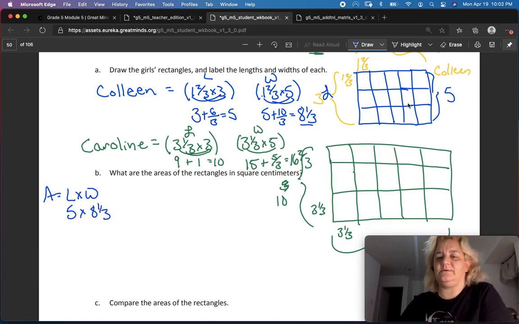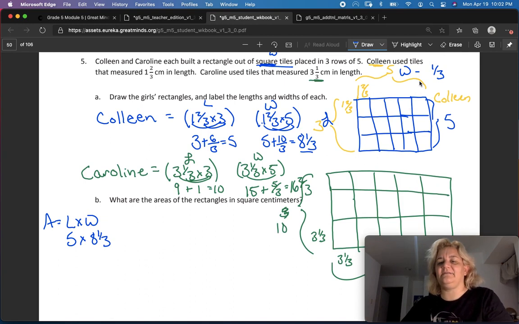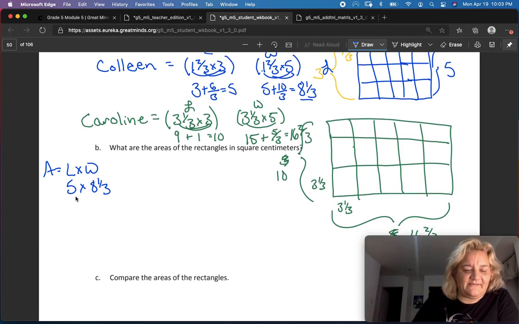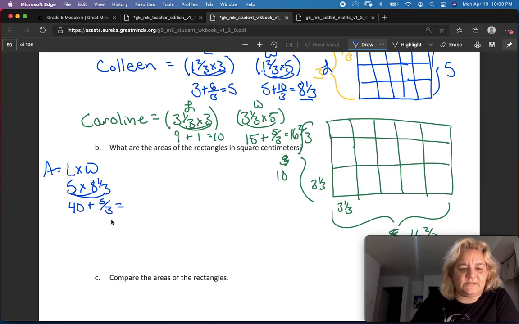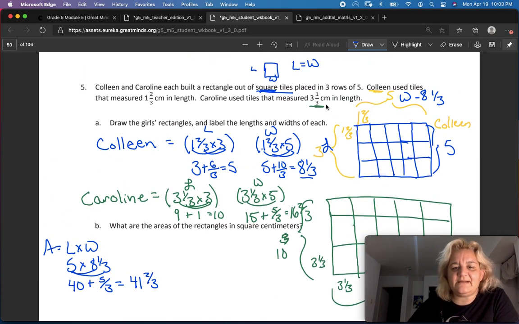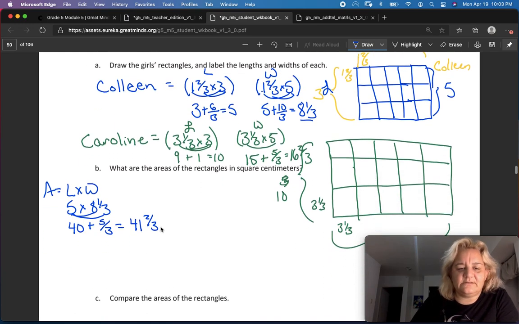Okay, so here I've got 5 and here I've got 8 1/3. Now I just need to multiply that and I'll have the area. So 5 times 8 is 40. And 5 times 1/3 is 5/3, which equals 41 2/3. And what are these measurements in? They are in centimeters. Centimeters cubed.